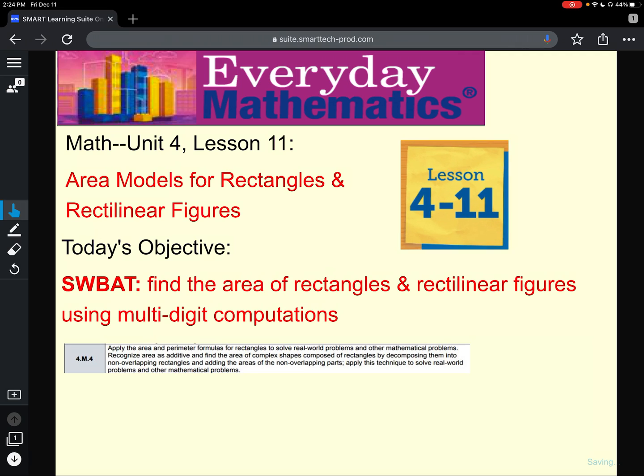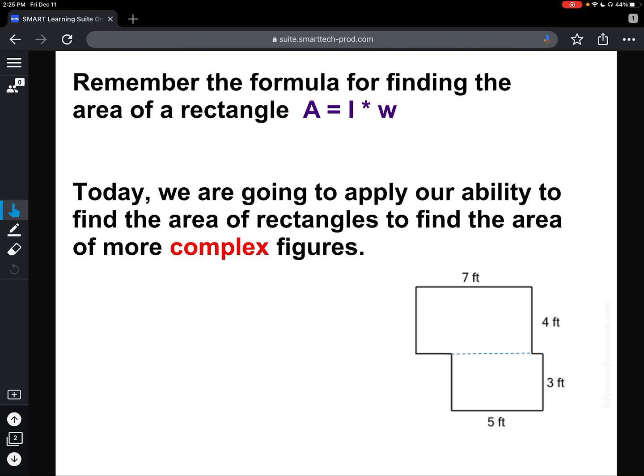Before we get started, please make sure that you have your everyday math journal and a pencil. I want you to start thinking about what's the formula for finding the area? How do we find the area? So hopefully you said that the formula for finding the area of a rectangle is length times width.